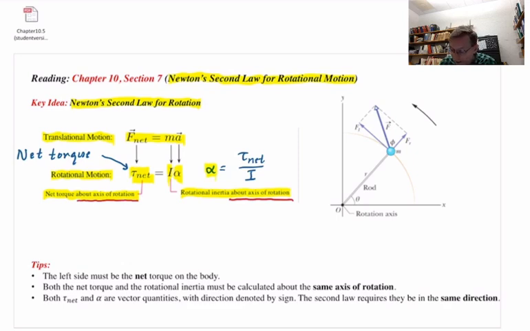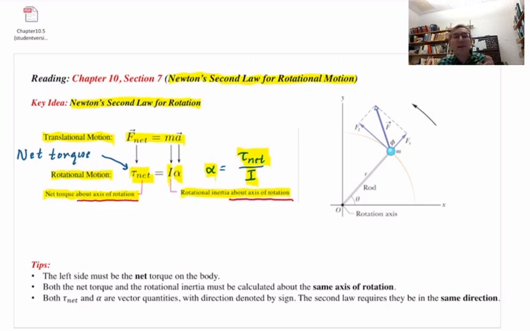What causes an angular acceleration? A net torque. And then you have to divide by rotational inertia to get alpha. So that's one way to write the rotational version of Newton's second law. We will now use that in the rest of Chapter 10 and as needed in Chapter 11 whenever we want to make a prediction about the rotational motion of a rigid body.